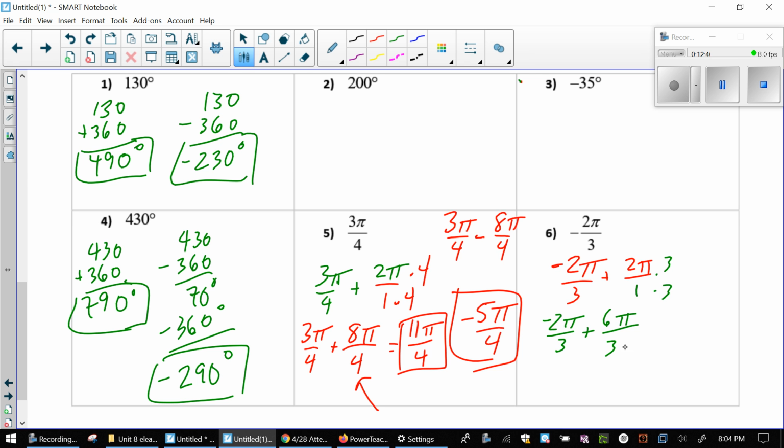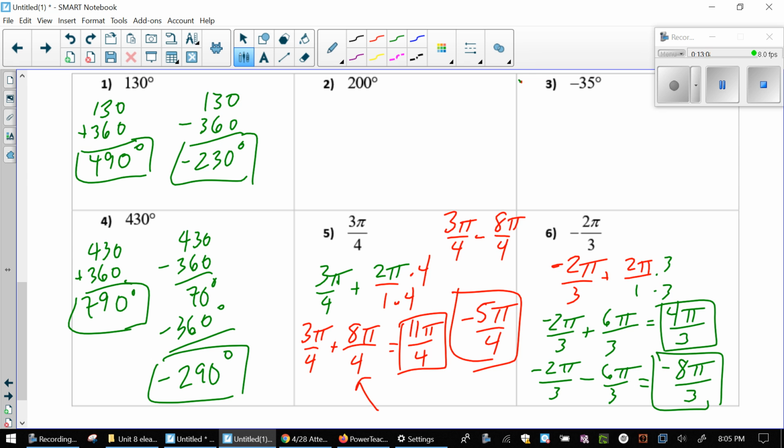And that is what we add or subtract. So negative 2 plus 6 gives me 4 pi over 3. There's my positive. Negative 2 pi over 3 minus 6 pi over 3. Negative 2 minus 6 gives me negative 8. So it's negative 8 pi over 3. There we go. All right, you guys can work out those other ones.